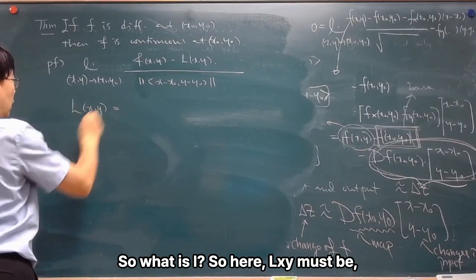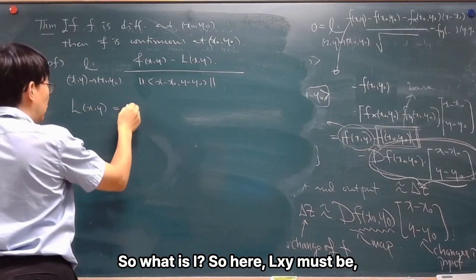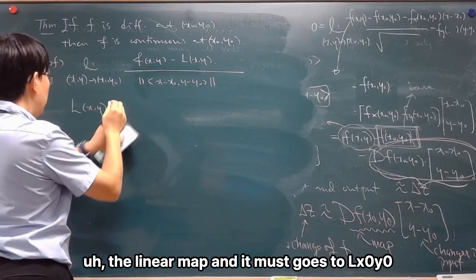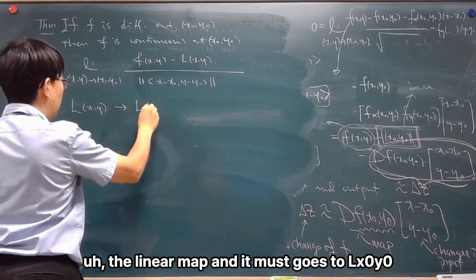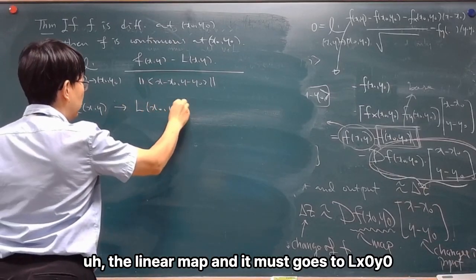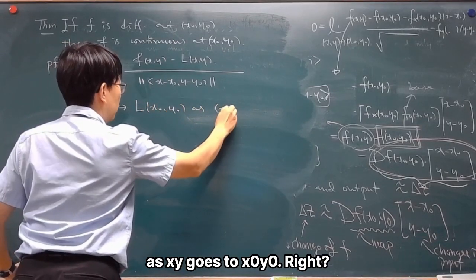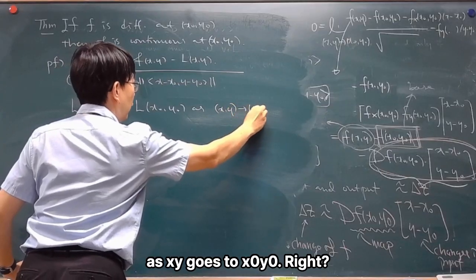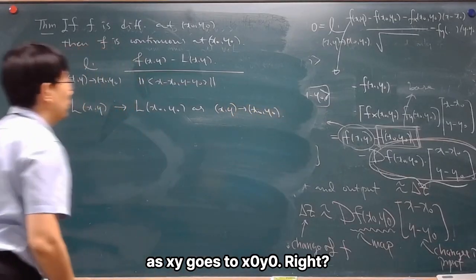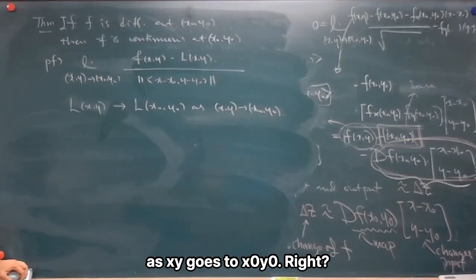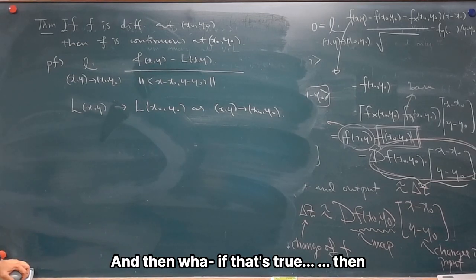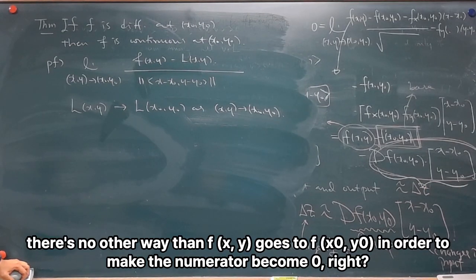L(x,y) must be the linear map, and it must go to L(x0,y0) as x,y goes to x0,y0, right? And if that's true, then there's no other way than f(x,y) going to f(x0,y0) in order to make the numerator become 0, right?